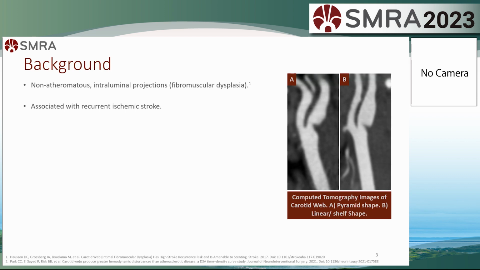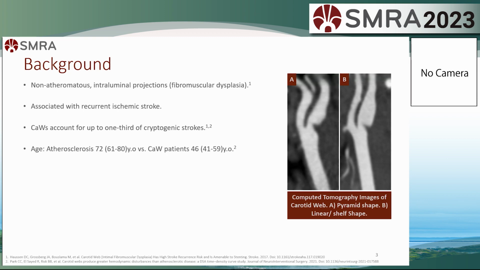They have been associated with recurrent ischemic strokes, mostly cryptogenic strokes, up to one third of cryptogenic strokes in younger patients. In my population, atherosclerosis patients are around 70 years old, while carotid webs patients are in their mid-40s, a younger population in whom you wouldn't expect to see narrowing in the lumen.